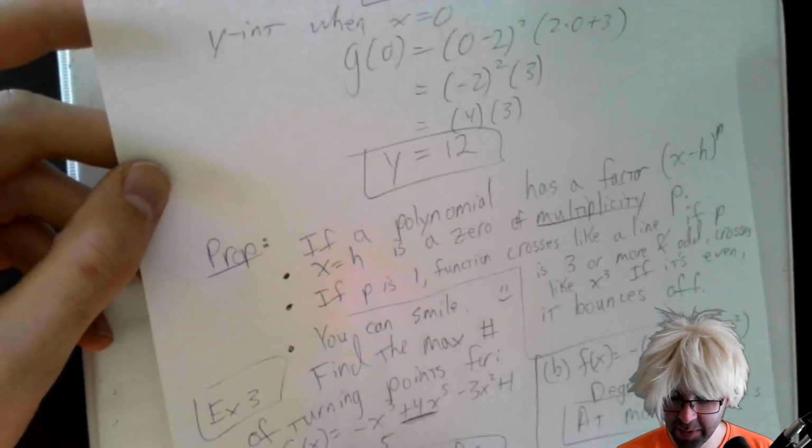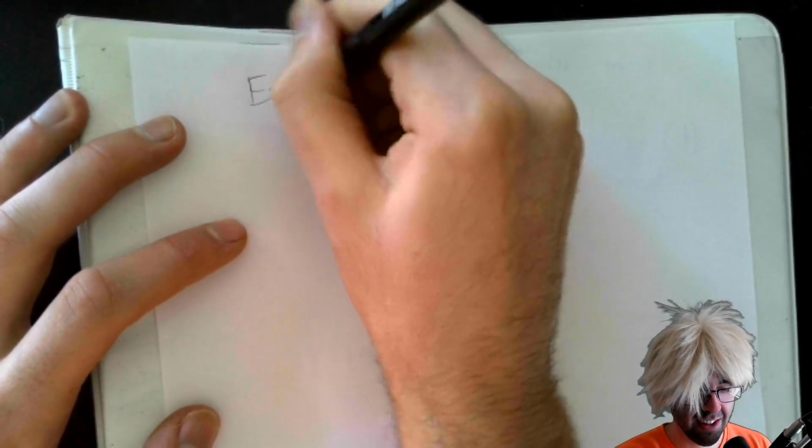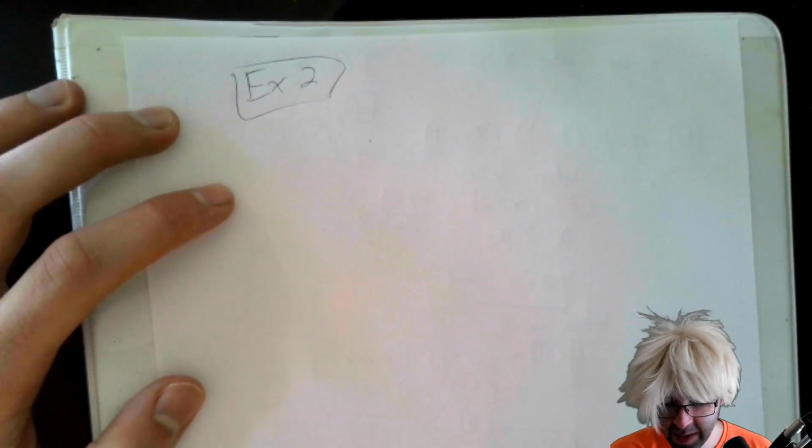Do the last example. Hold up. This is example 3. We never did example 2. Example 2 is going to be our last example. Don't worry about the order. All right. Example 2.